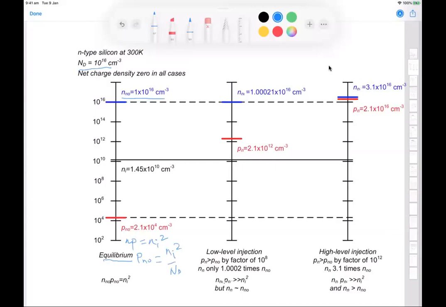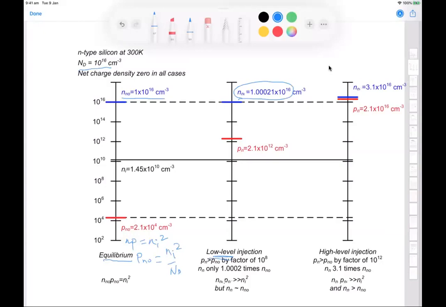If we have low injection, it means we've increased the NP product, we've increased the density of holes, and we've increased the density of electrons. But because the density of electrons is very large in comparison to the holes, the disturbance is negligible in the electron population.